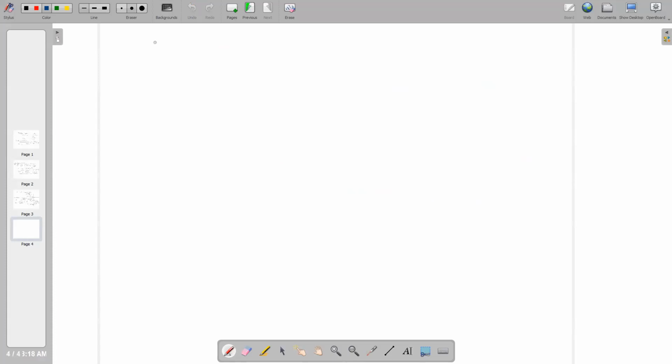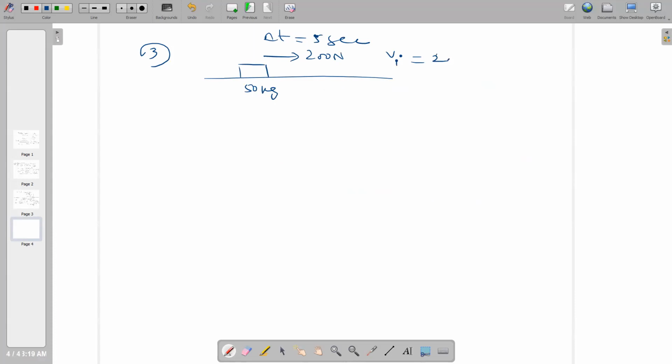Okay, after this, we have another example. If we have this 50 kg block and a 200 Newton force is applied on it for time delta t of 5 seconds. This is the data which is given, and the initial speed is 10 meters per second.